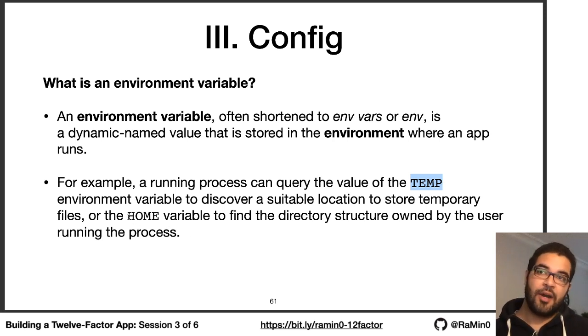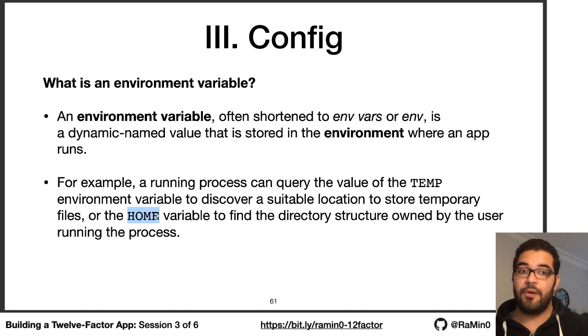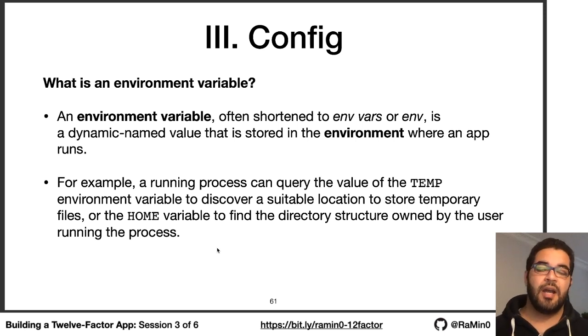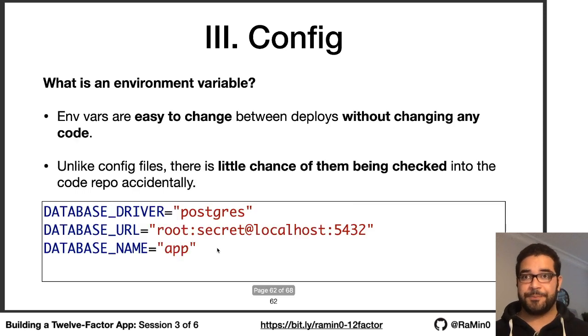There's also the home variable, which holds the path to the currently logged in user's home directory in case we also need that. These are two examples, but we can even define our own variables. There are other pre-existing environment variables that we can use, and so on and so forth.